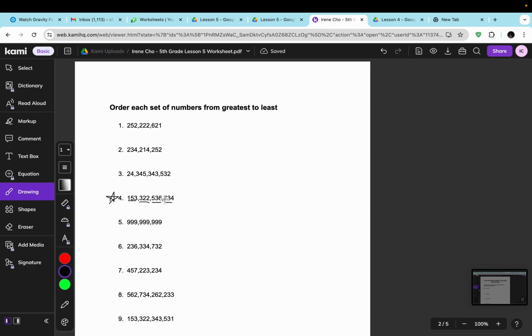Since the first digit of 734 is the greatest, we place it first. Then out of 1, 3, and 5, 5 is the greatest, so the next number would be 536. Since 3 is bigger than 1, it would be 322. And then the last number would be 153.